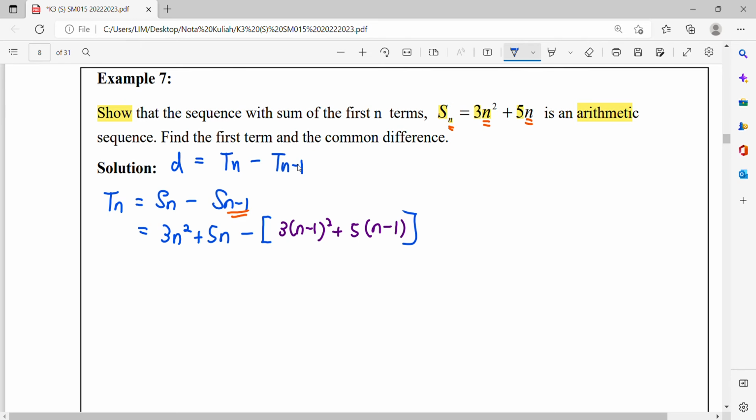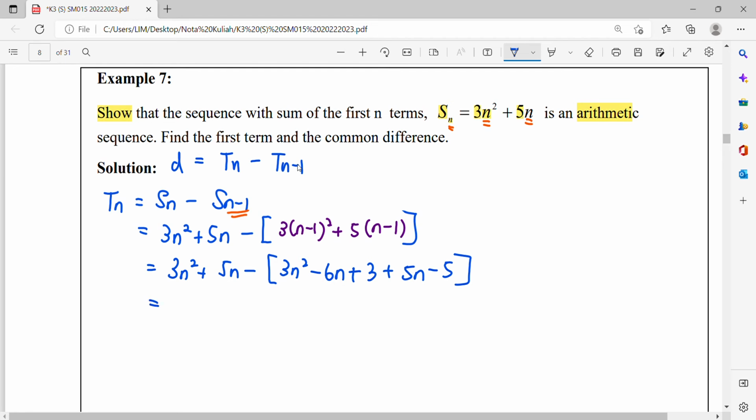Okay, so we expand it. You see our n terms here first. Expand. Here, n squared times 3, 3n squared. Then minus 6n plus 3, plus 5n minus 5.